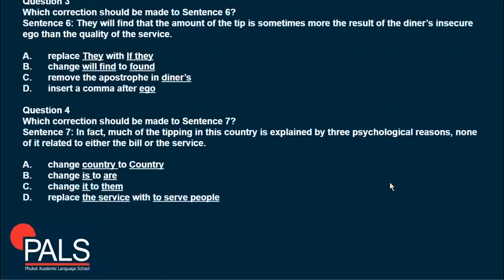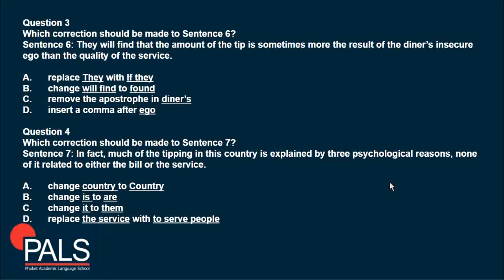Now let's go with question number 3. Which correction should be made to sentence 6? They will find that the amount of the tip is sometimes more the result of the diner's insecure ego than the quality of the service. I want you to look into it. I'll give you a few seconds.